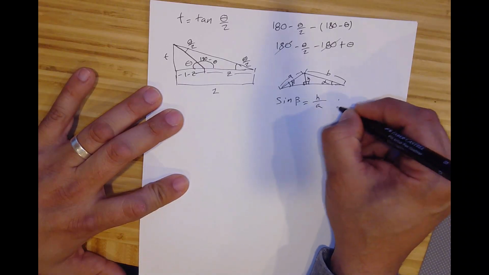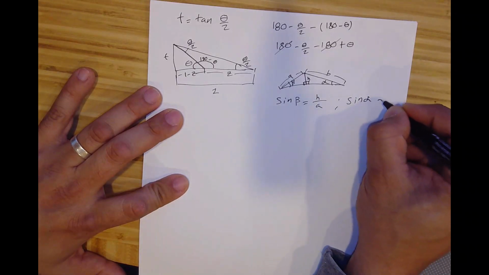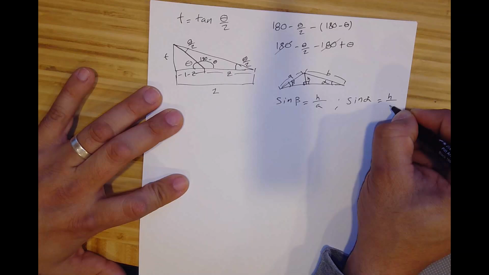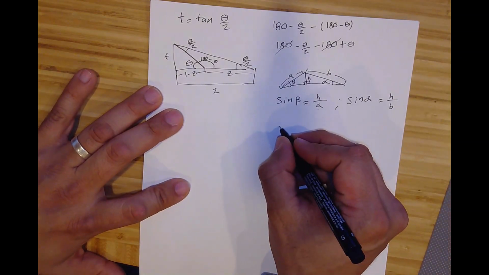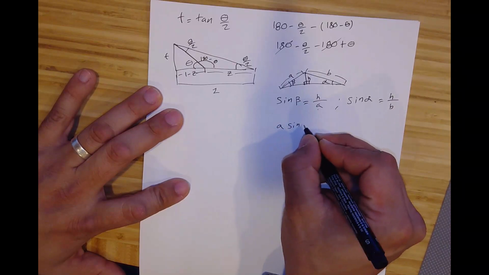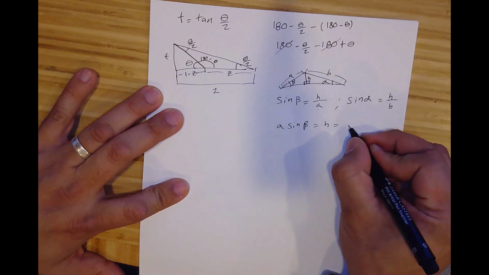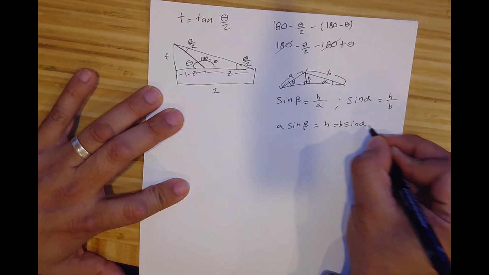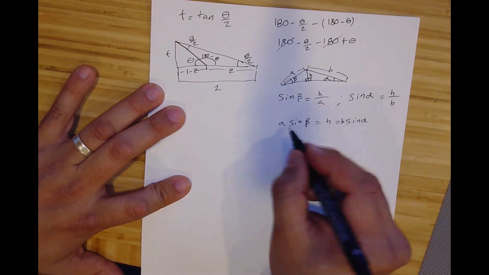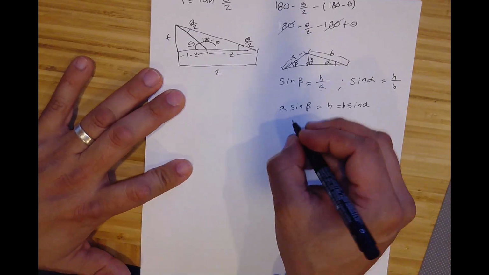And the same thing for the other side, sine alpha equal to h over B. And remember that we can move this here, A sine of beta is equal to h, which is equal to B sine alpha.